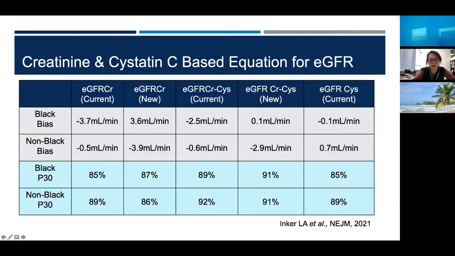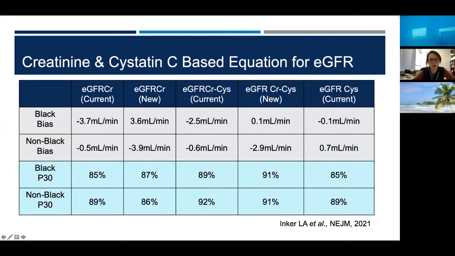The top part of the table looks at the bias of the different equations. What they found is that the current eGFR equation using creatinine alone tends to overestimate GFR in Black patients, with minimum bias in non-Black patients.